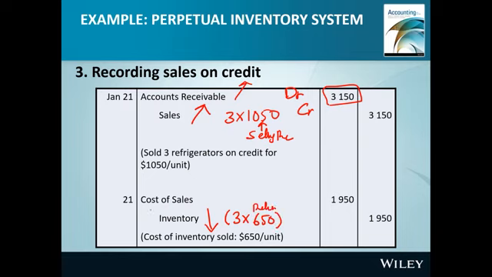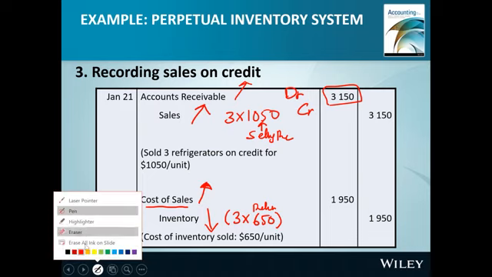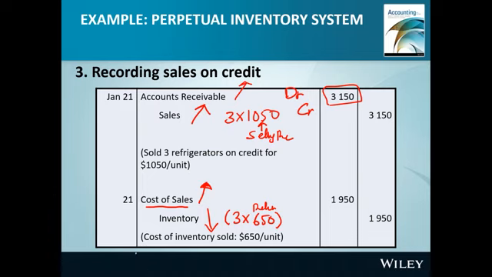So your asset reduces by 1,950, and the cost of sales increases. Your cost of sales is 1,950. Your sale is 3,150. If you can try to understand this, it is very helpful for you. Your sale is 3,150, and the cost for the sale is 1,950.